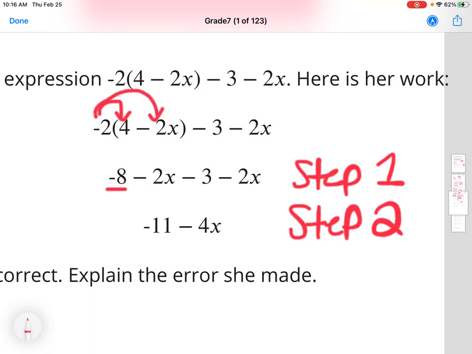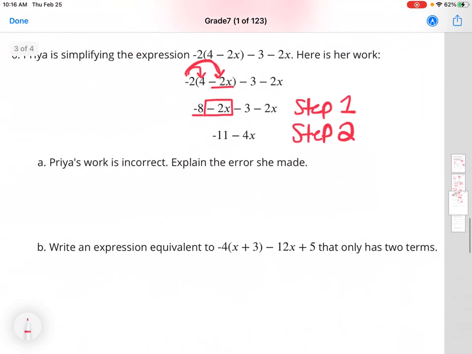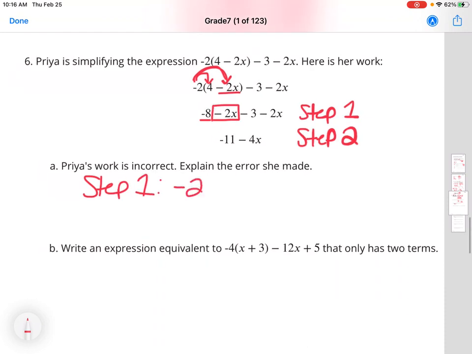And then negative 2 times negative 2x would be positive 4x. So it looks like Priya did not multiply negative 2 by negative 2x. So her error was in step 1, where she has negative 2x instead of positive 4x.